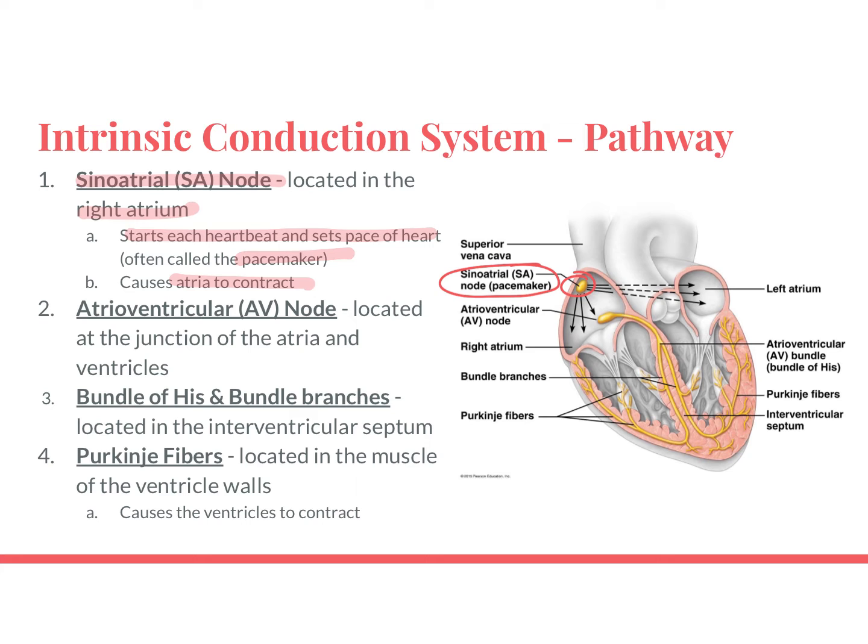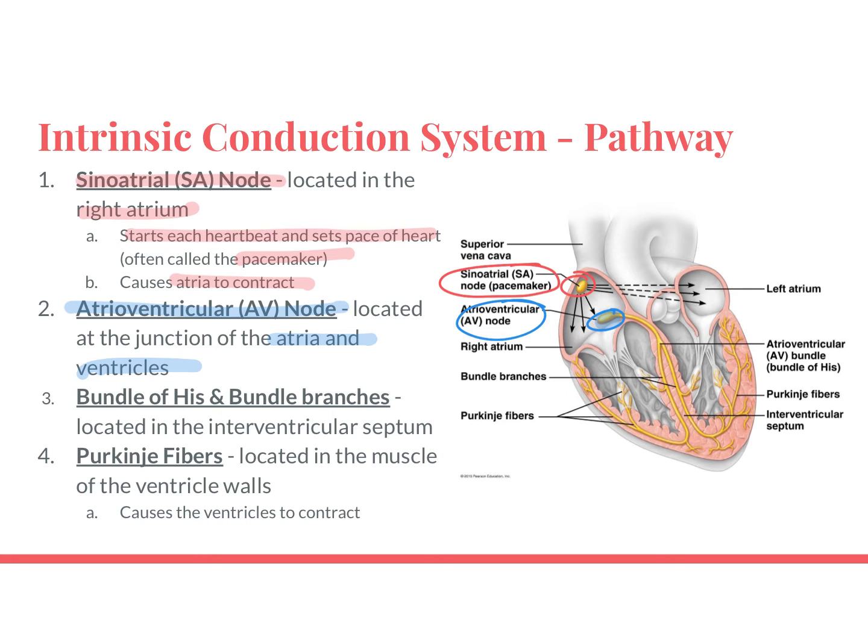Okay, next we have the AV node. So the signal is going to travel from the SA node to the AV node. That is a bundle of specialized tissues, and it's located right at the junction of the atria and the ventricles. So you can see right there, right by the atrium and the ventricles.